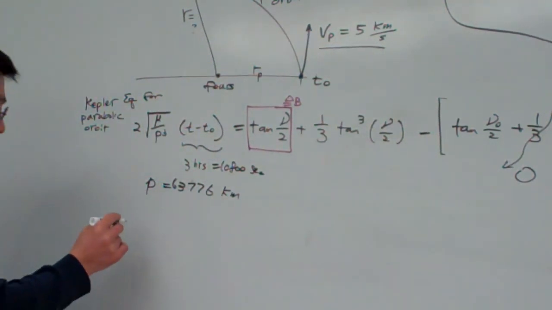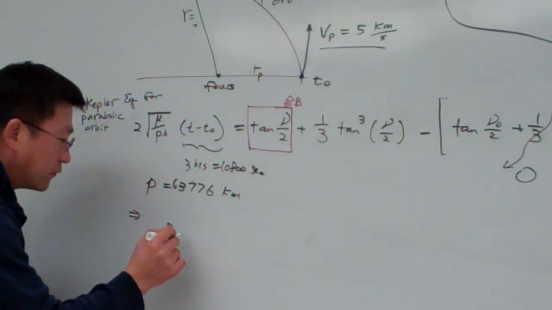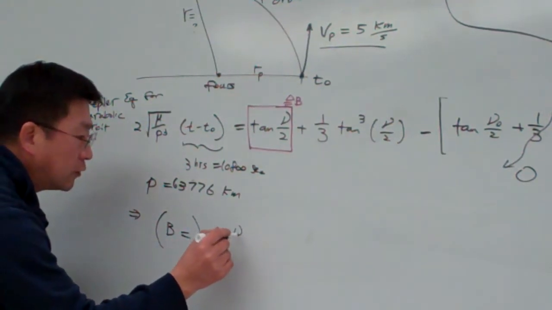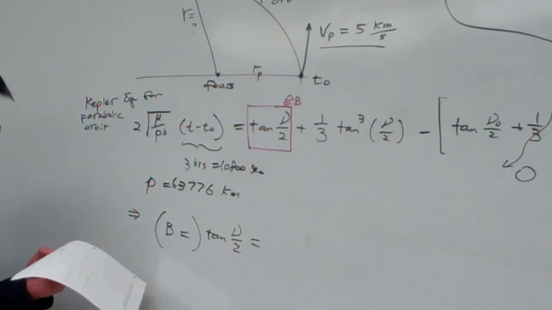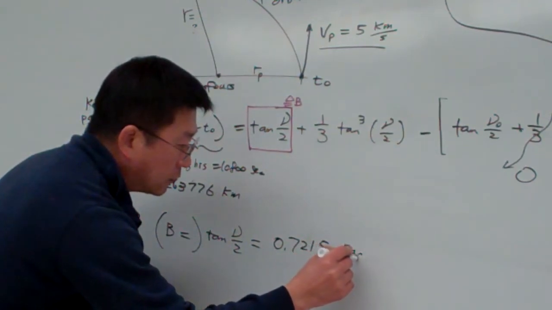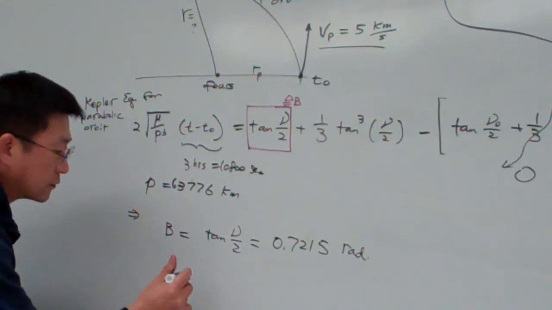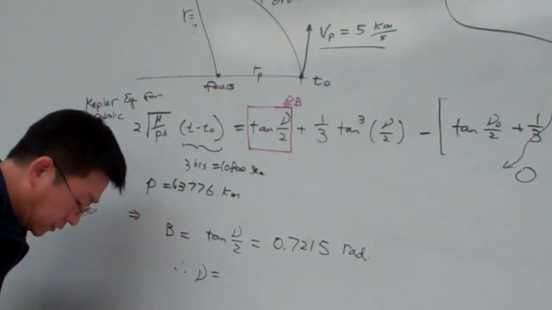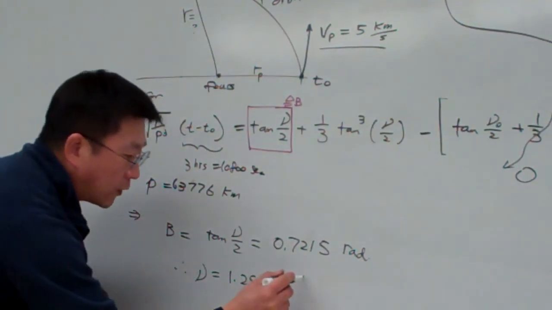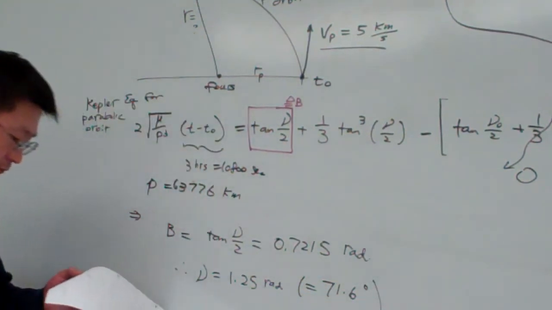From here we should be able to solve quickly. So B, by definition, equals tangent of nu over 2. You can solve for it, it is 0.7215 radian. So therefore nu is 1.25 radian, and if you want to convert it, that is 71.62 degrees.